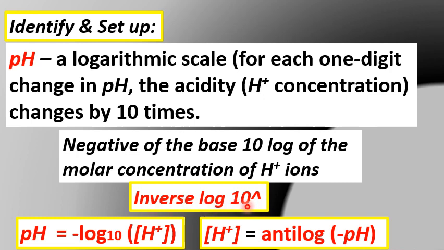This is what represents the antilog, also known as the inverse logarithm. So if you're going to press this key and then enter the negative value of the pH, then you will be getting the value of the positive hydrogen ion concentration.